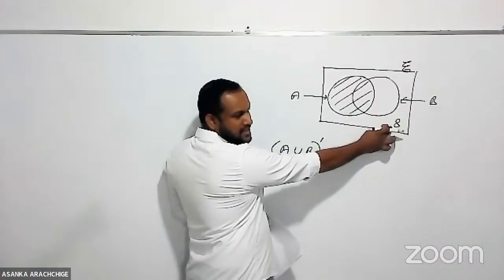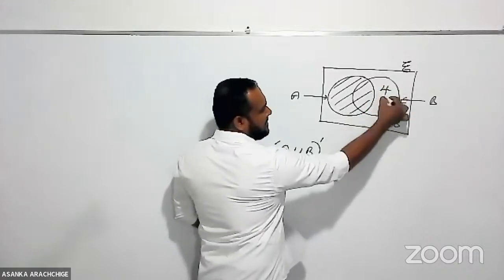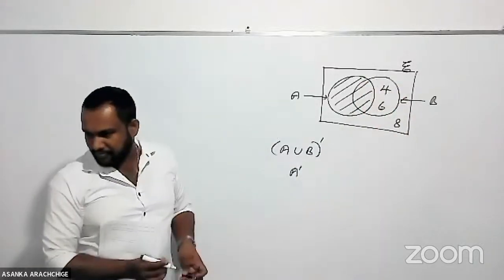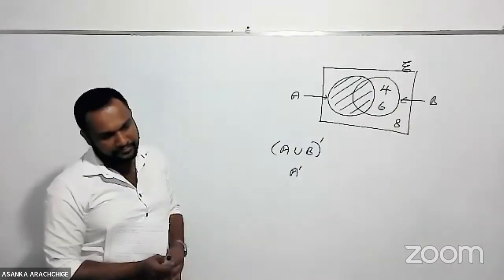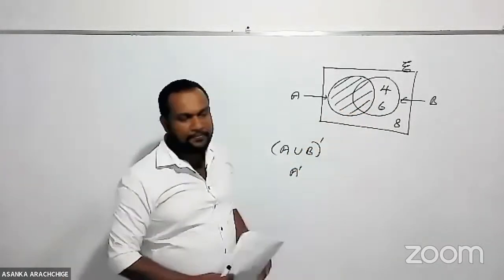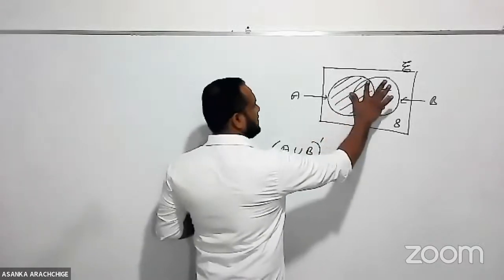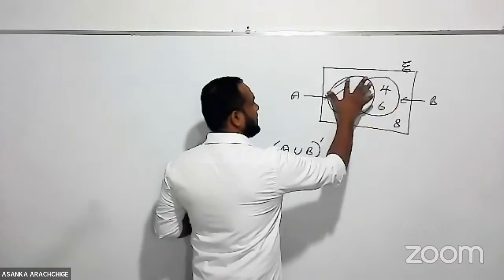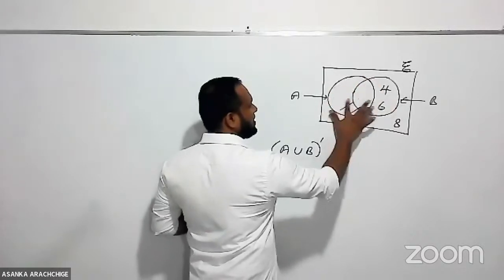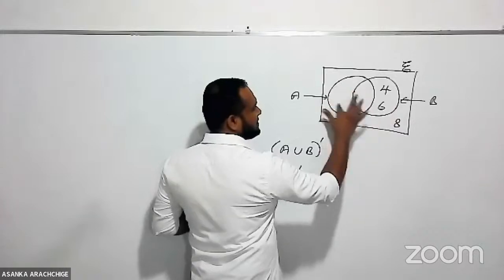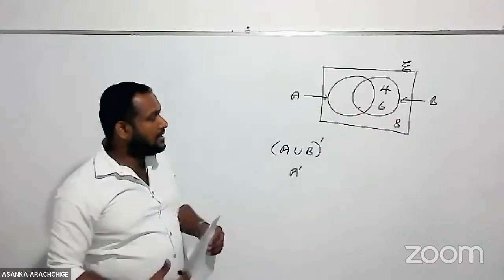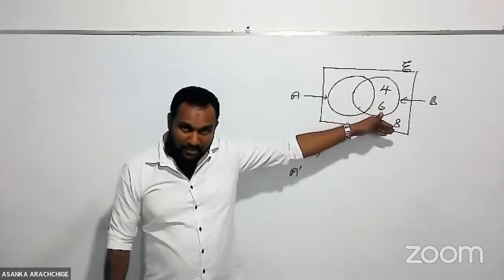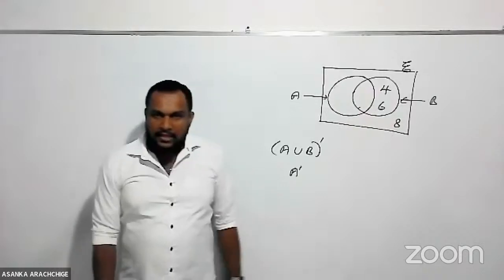Already 8 is here, then 4 and 6 must be in this region. Clear? So this is the Venn diagram and these are the values you have to insert. You don't have to shade. I shaded this region to understand what A dash is, right? Is your answer correct?